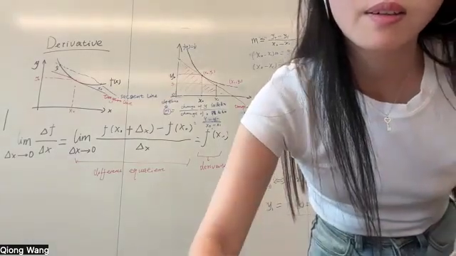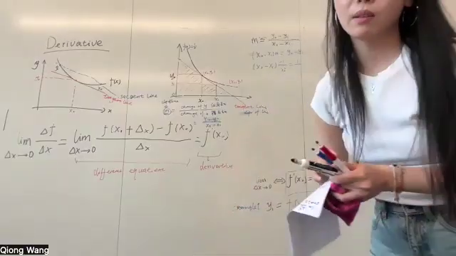Yeah, y0 is 1 over x0. Yes. Yeah, now it makes sense.